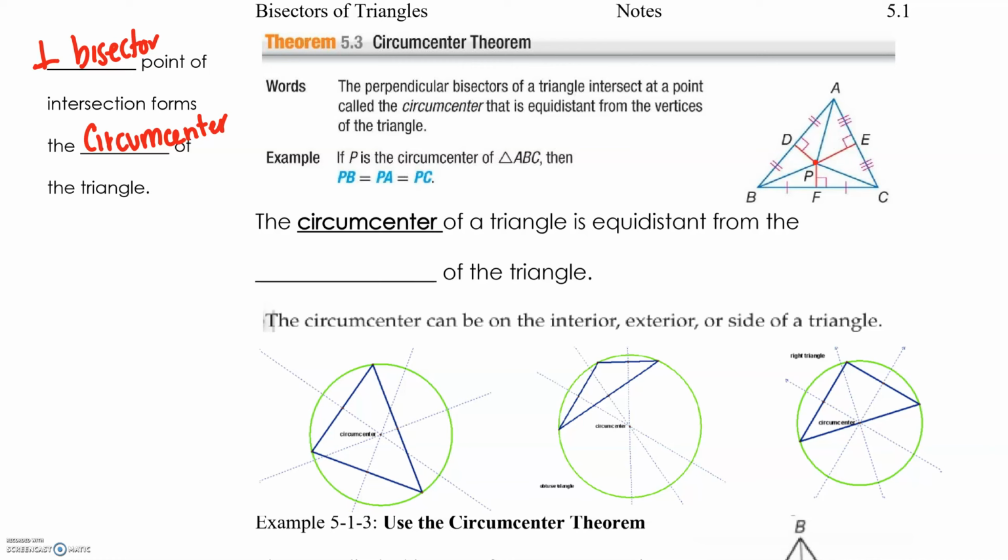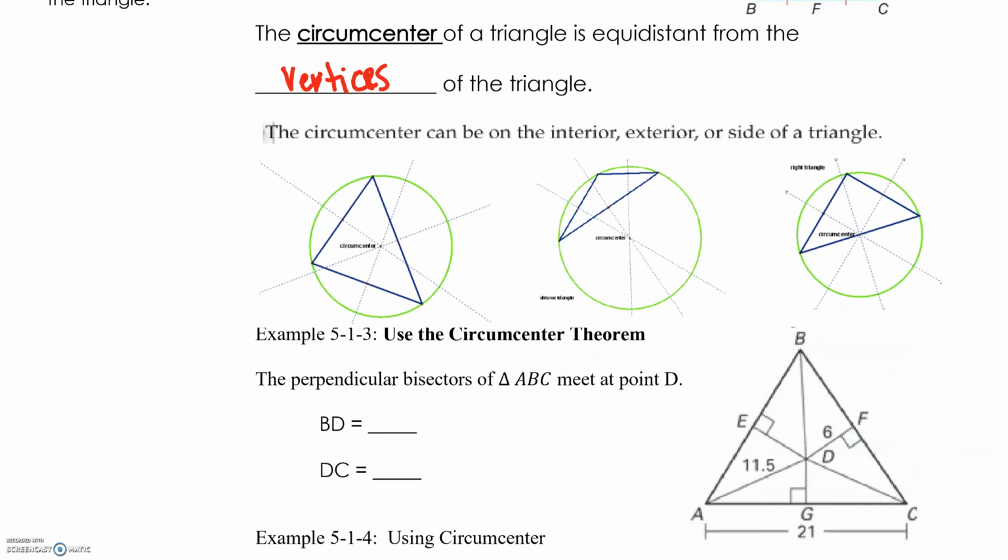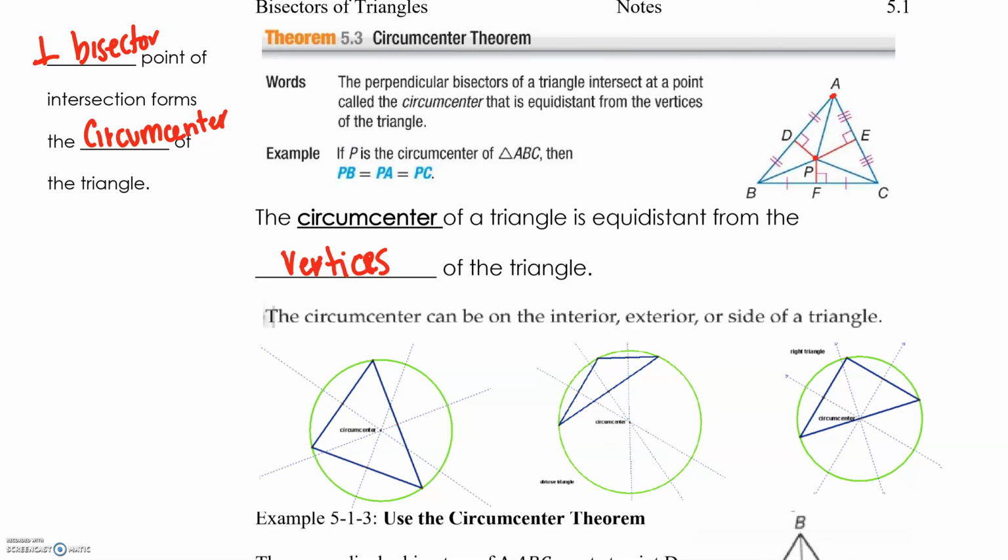And then we meet at what's called the circumcenter, which is the point equidistant from the vertices of the triangle. So here is an example, and this shows from this vertex to here, from this vertex to here, from this vertex to here. These are all the same distance.